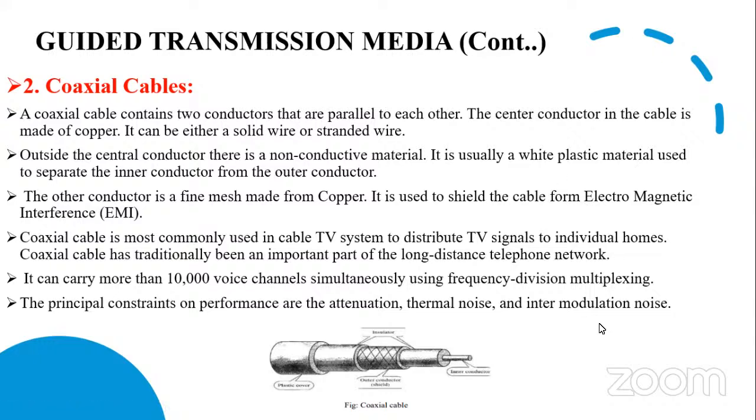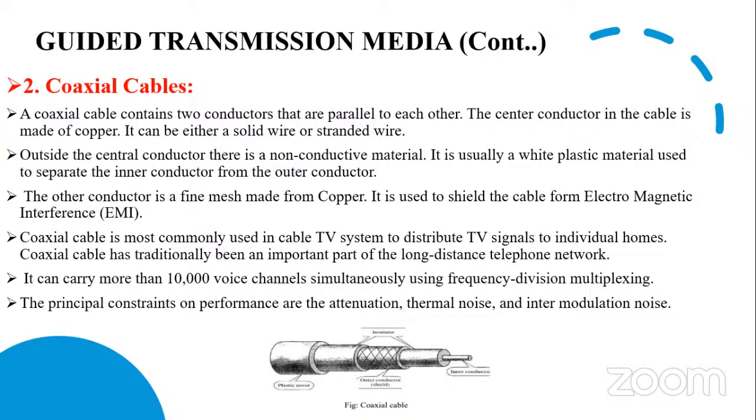You can imagine, if you see the cable TV wire, the inner conductor is there. That inner conductor is covered by what? Outer conductor, sir. The insulator or some layer. That layer will also be covered by some other outer conductor, an extra shield.